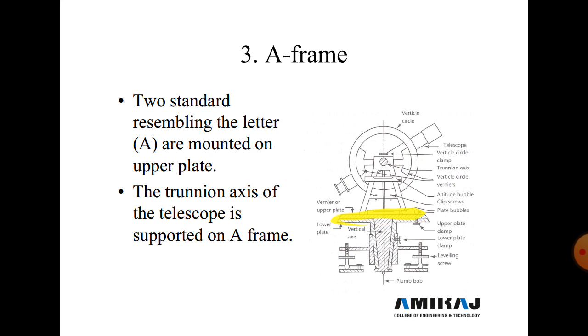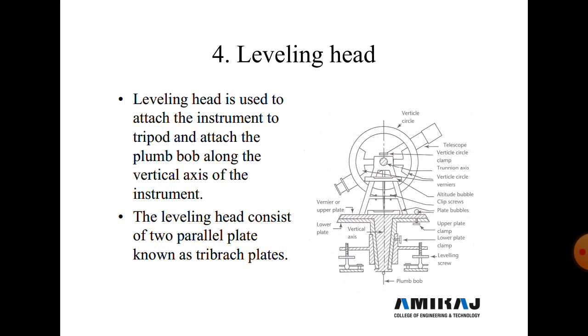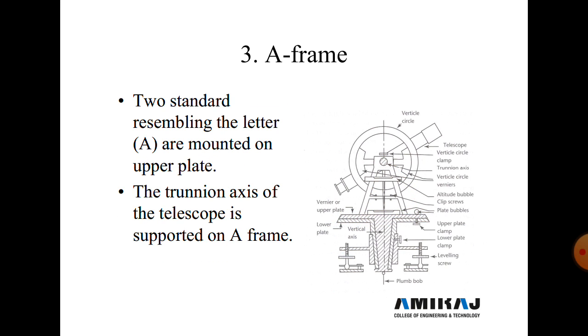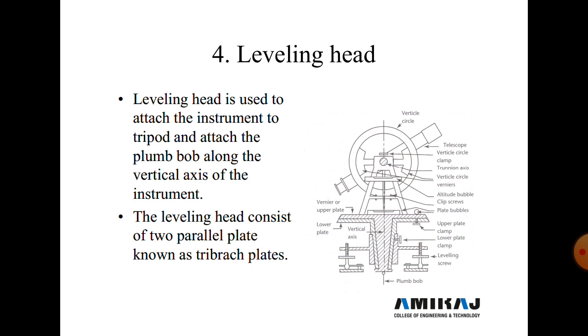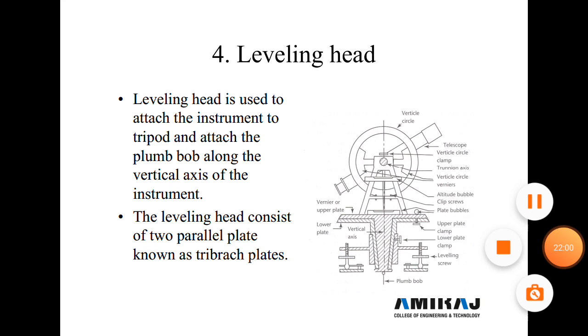This one is the upper plate, and the A is mounted on the upper plate, and the trunnion axis of the telescope is supported by the A-frame. The trunnion axis passes horizontally through the theodolite and is supported by the A-frame. Now, in the next lecture we start from the fourth one, the leveling head, and these parts we discuss in the next lecture. Thank you.